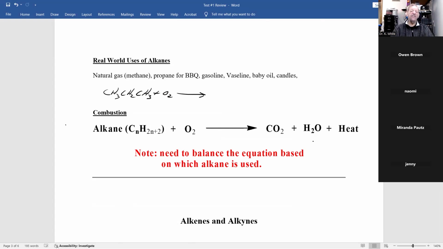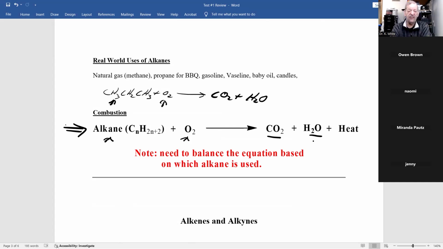if I were asked to give all the product or products for the following, well, this is an alkane, oxygen, and my general reaction tells me I get carbon dioxide and water. So the answer here would be CO2 plus water, H2O.